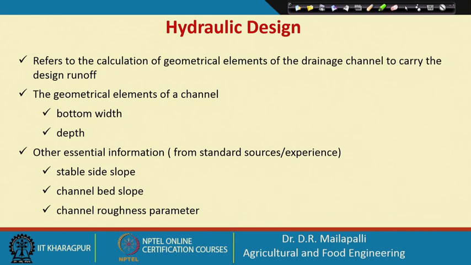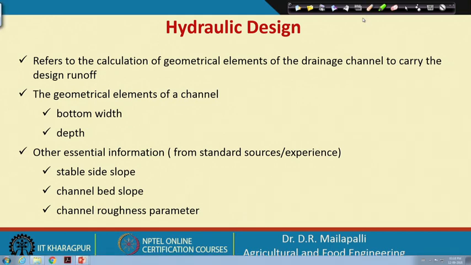It basically refers to the calculation of the geometric elements of the drainage, mostly the width, depth and side slopes. We are going to estimate all these design parameters by knowing the maximum carrying capacity of the channel.